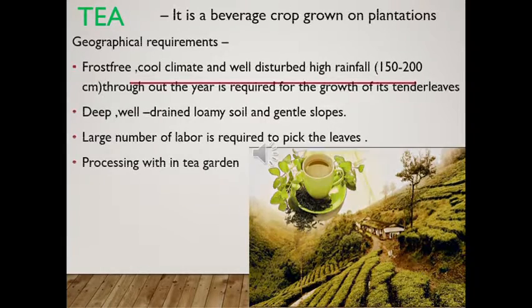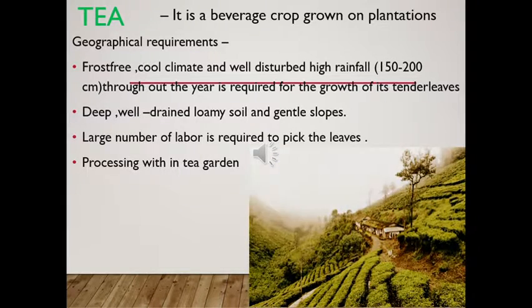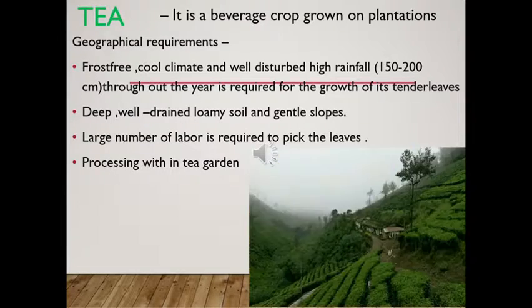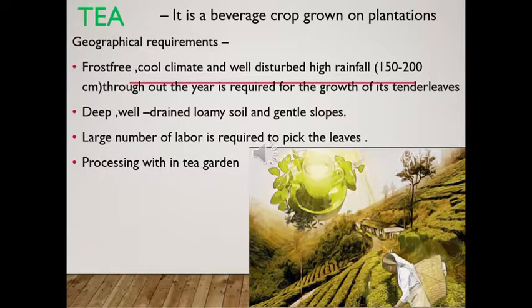Tea cultivation is an example of plantation agriculture. Tea plant grows well in tropical and subtropical climate. It needs warm, moist climate. Heavy and frequent shower rainfall help the growth of its tender leaves.